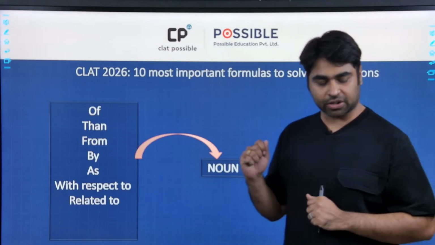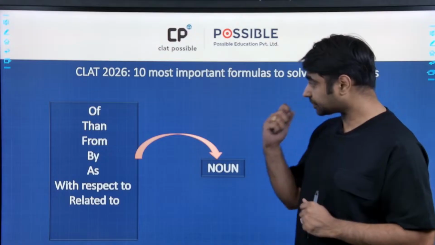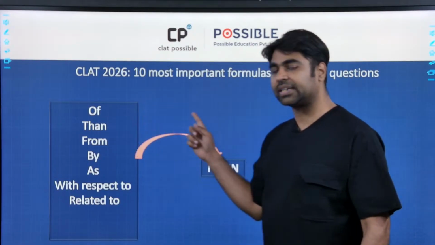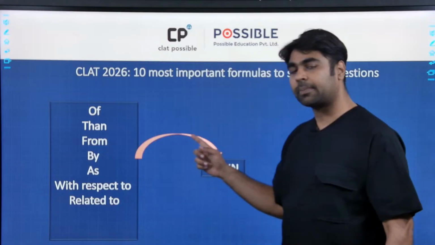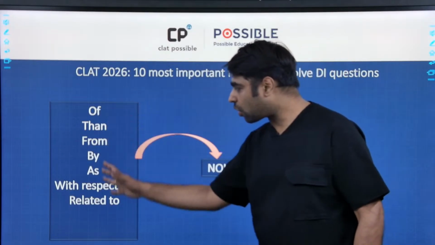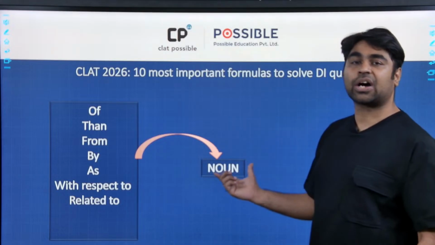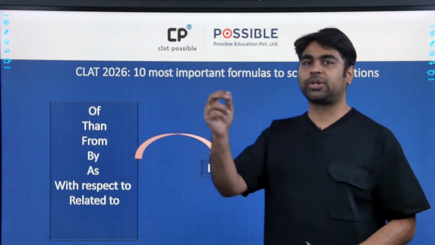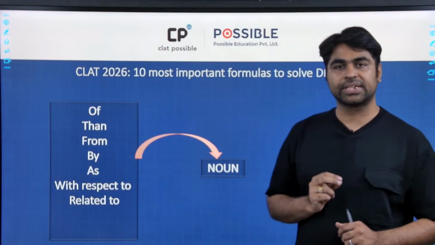The logic says that after the words like of, then, from, by, as, with respect to, related to, after all of these words, whatever noun comes, our job is to talk with respect to that particular noun. What do we say?